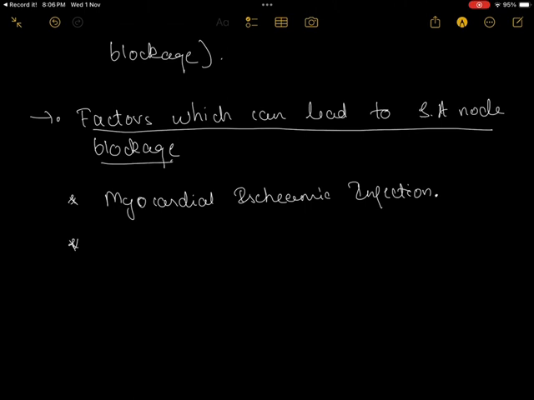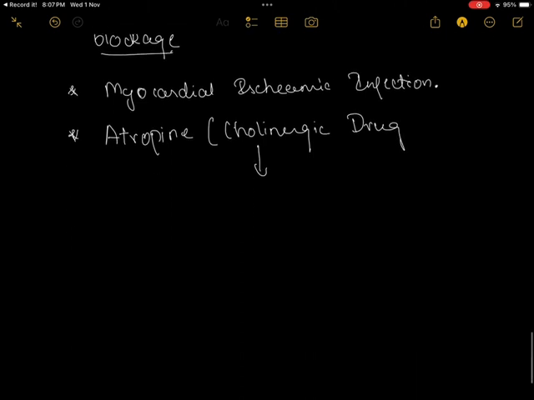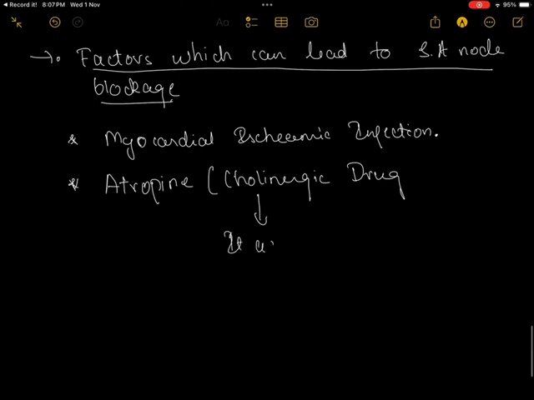And the second factor which may also lead to sinoatrial blockage is any side effect of certain medications. If I give one example of a drug, if you take atropine, which is a cholinergic drug, in the sense it activates the sympathetic system of our body.